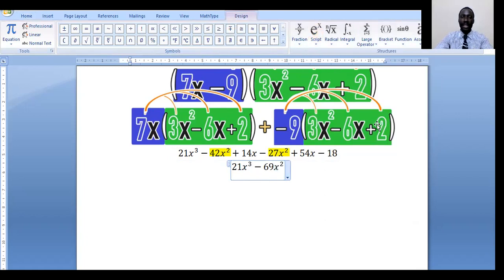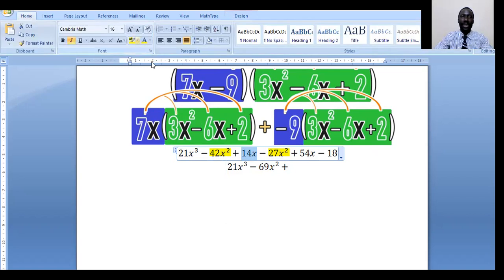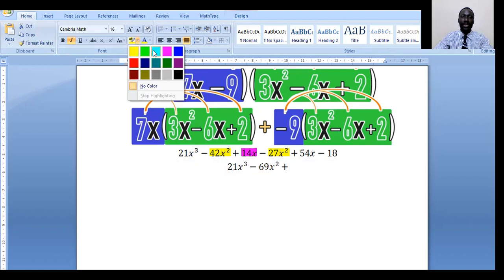Then we'll be having the quantities involving x, which is 14x, okay? Just highlight it so that it's easy for you to see. So we'll be having 14x and 54x.